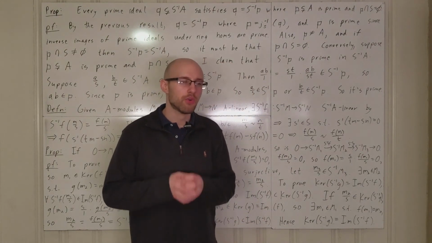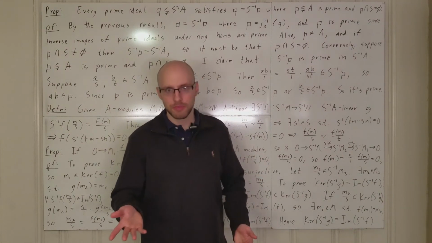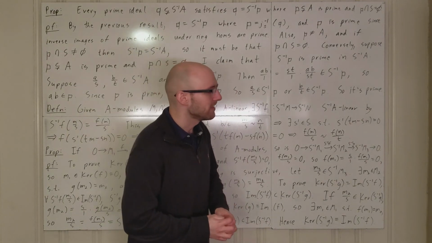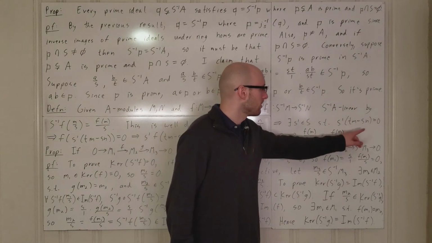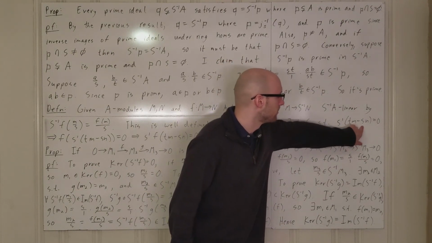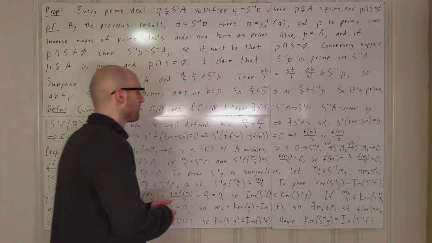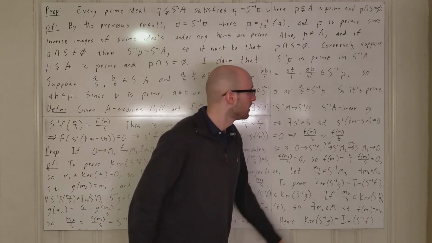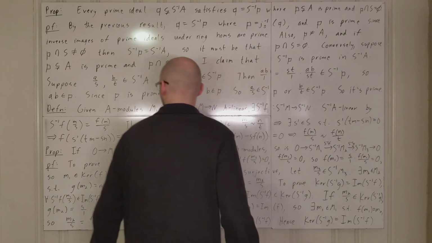So we don't worry too much about whether these modules are left modules or right modules, but I like to think of everything as being left modules. So here we're multiplying on the left by the elements of the ring, and the thing on the right is the element of the module. And of course the S inverse is on the left as well. So there's an S prime that makes this happen.